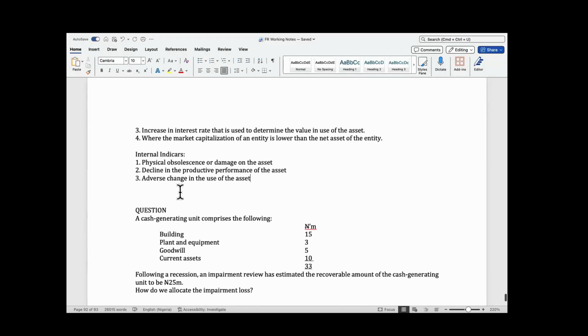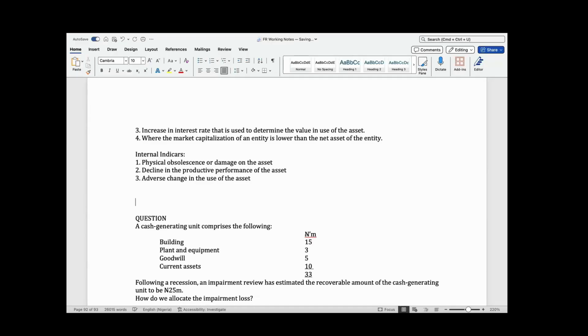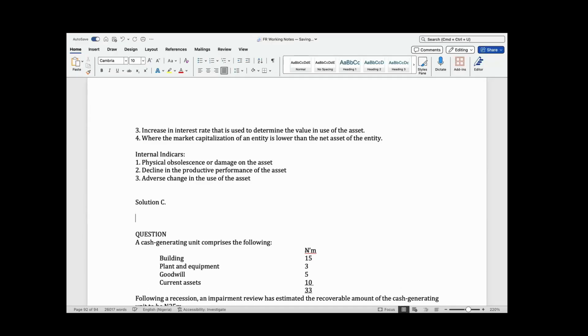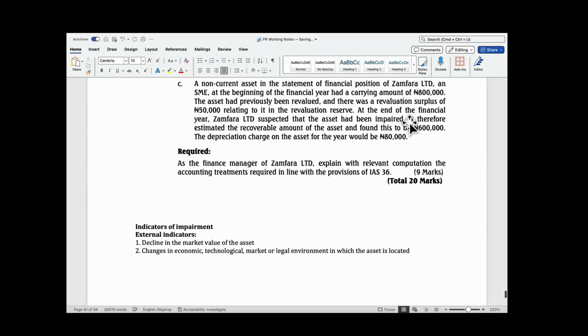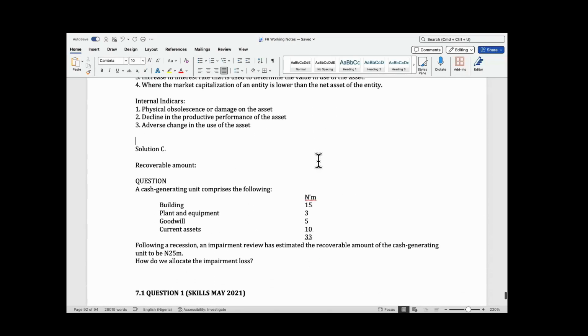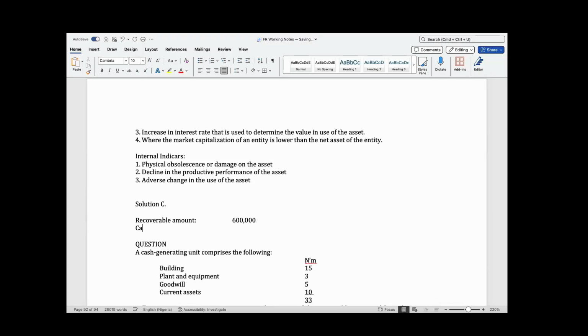So we are asked to determine the impairment loss. So solution to C. I'm sure every one of you should be able to solve this because they gave me the recoverable amount directly. They didn't even ask me to calculate. They gave you 600,000 in the second to the last paragraph. And they gave me my carrying amount also.